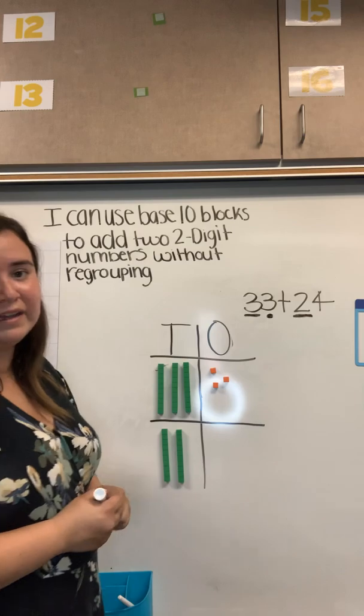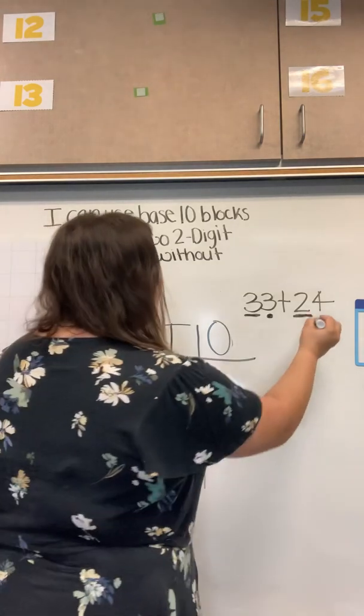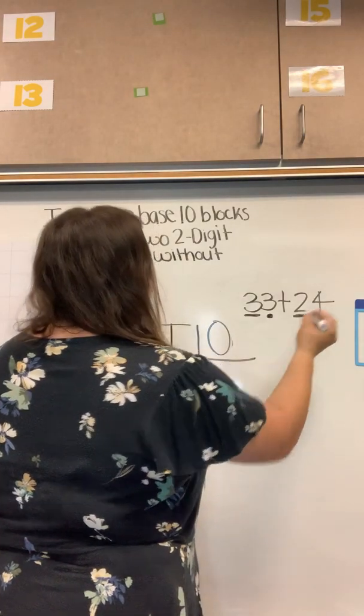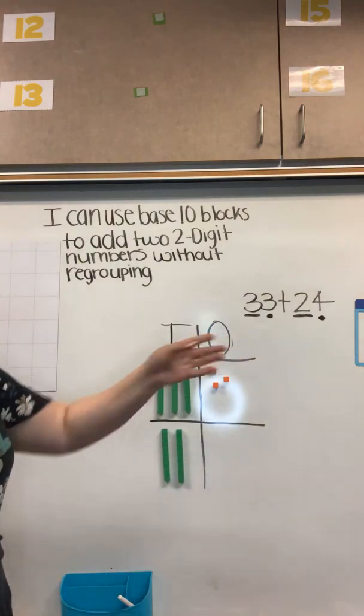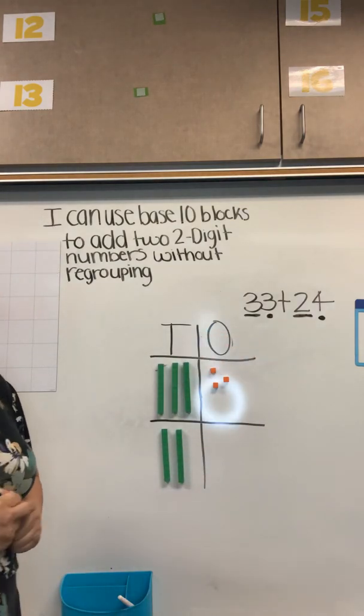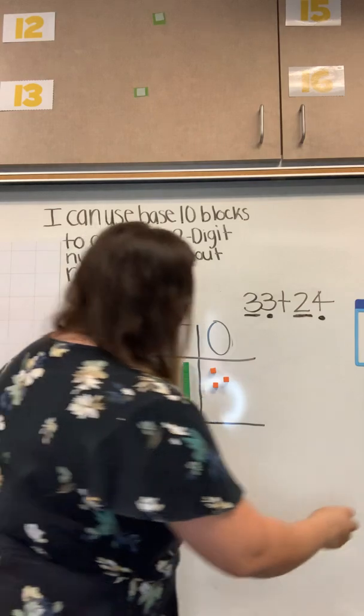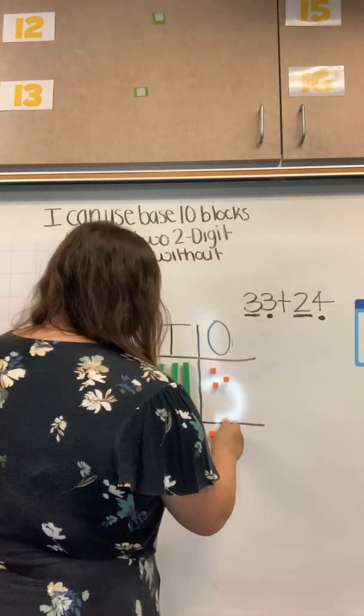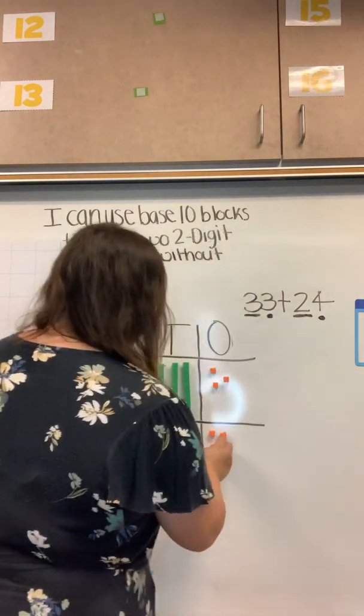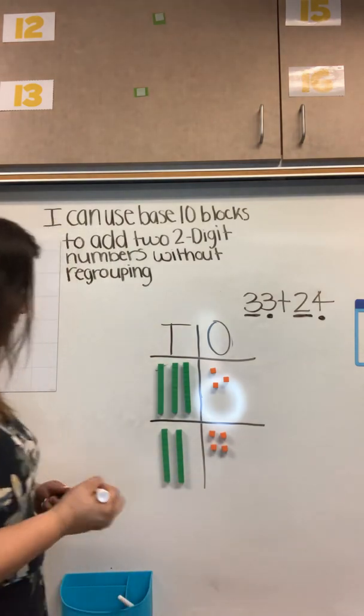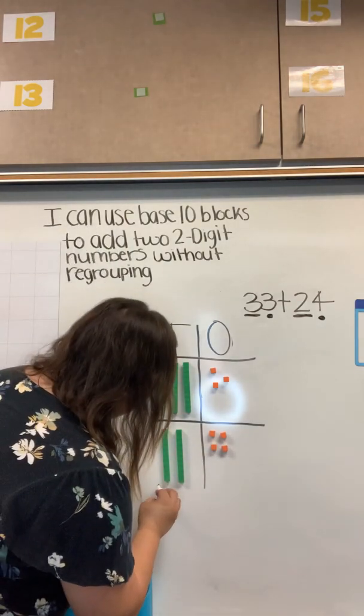And now we're going to look at our ones place. How many are in our ones place? 4. Yes, good job. Now we're going to put a line underneath that.